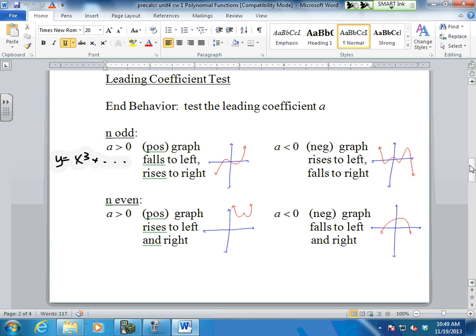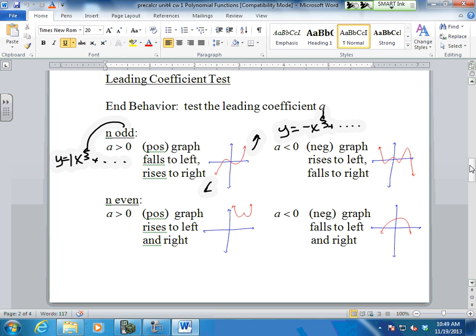If this is odd, and your a is greater than 0, meaning this a is positive, your graph falls down to the left, up on the right. If it's still odd, but it's negative, then it goes the opposite way: up on the left, down on the right.